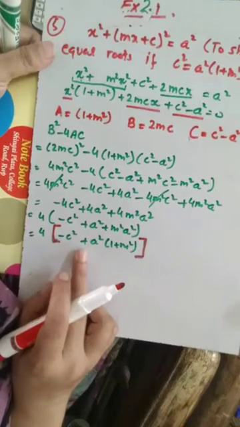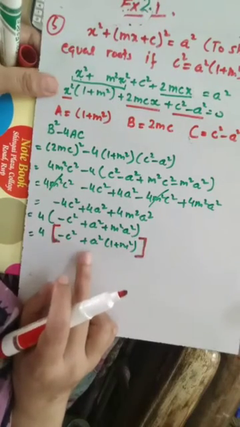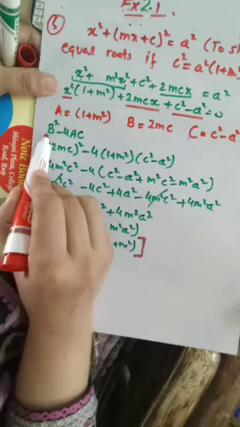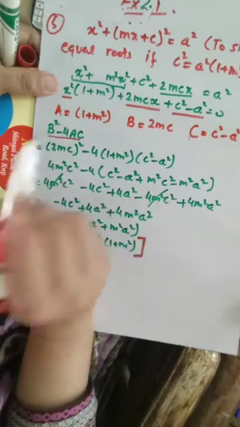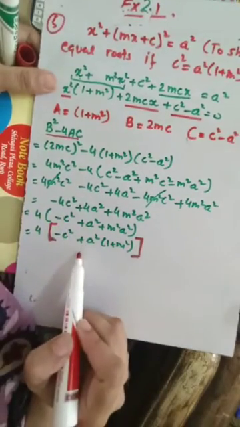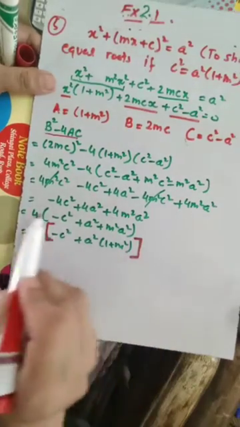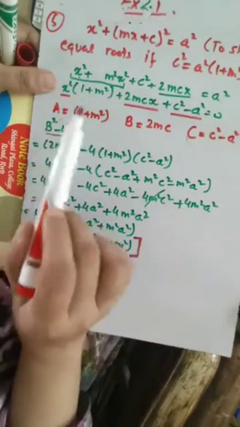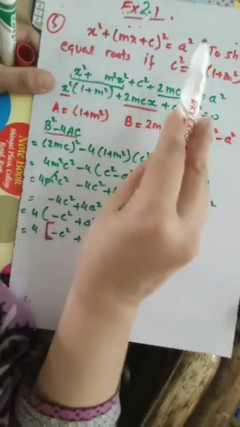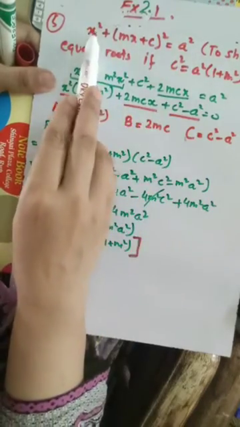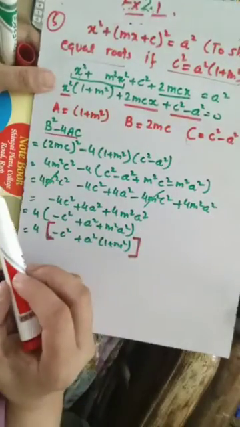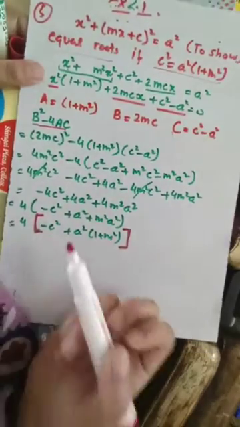Now we need to check when this condition will give us equal roots. You know that equal roots will be given if b square minus 4ac is equal to 0. That is, if this expression is equal to 0, we are going to get equal roots. So the question was to prove that this expression will have equal roots if c square is equal to a square into 1 plus m square, okay.